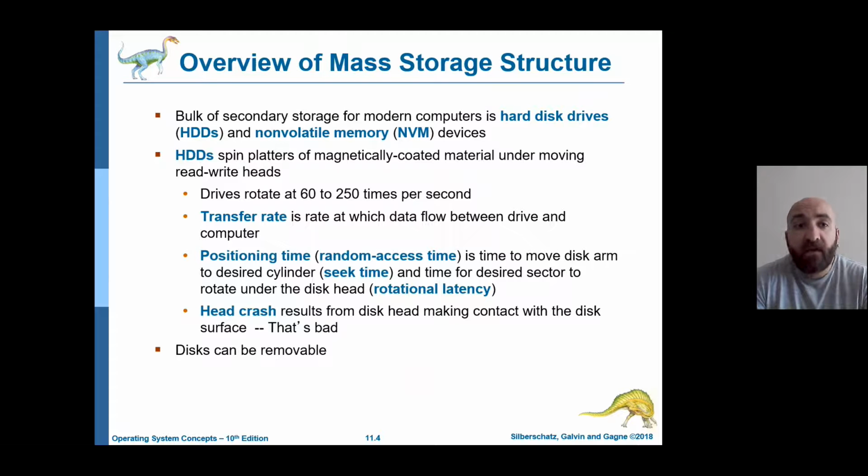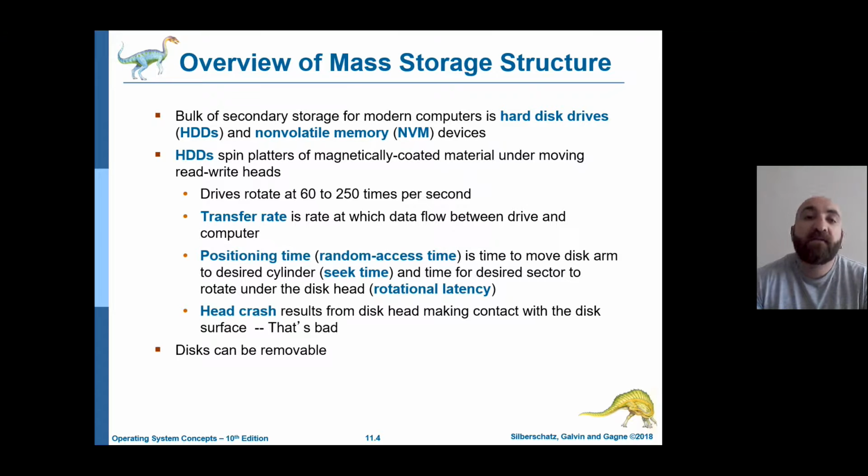A disk drive, actually all disk drives, has motors. A disk drive motor spins it at high speed. Most drives rotate 60 to 250 times per second, specified in terms of rotations per minute. The transfer rate is the rate at which data flow between the drive and computer.